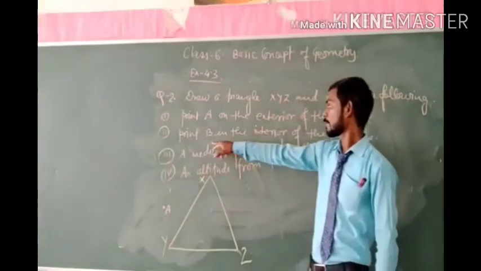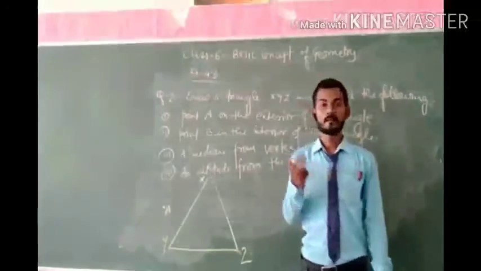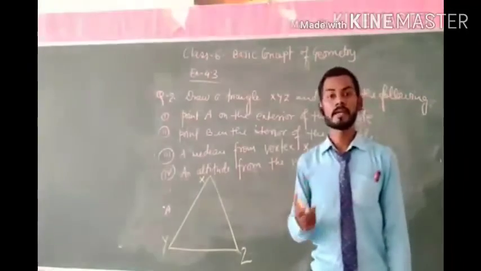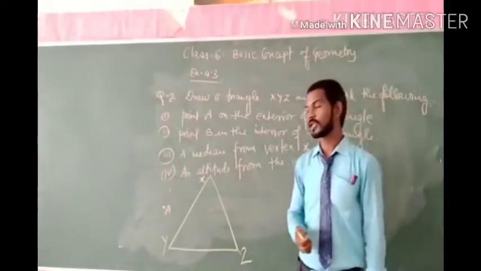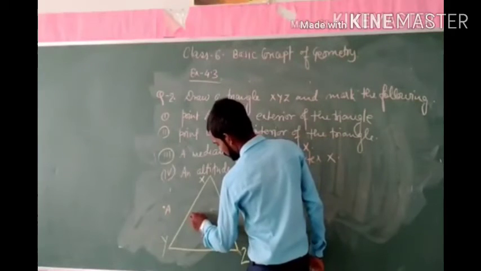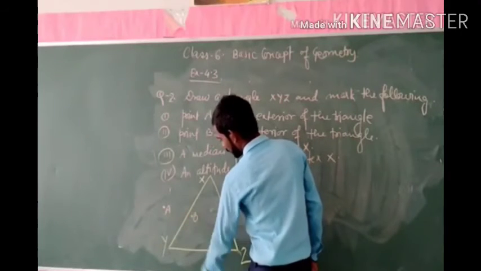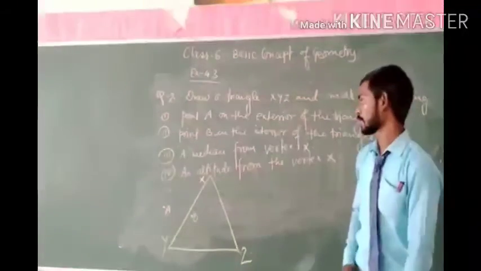In the second, point B, interior of the triangle. We also know that the region that lies inside the closed figure is known as the interior. So the point B will lie in the interior of the triangle, and the point B is known as the interior point.